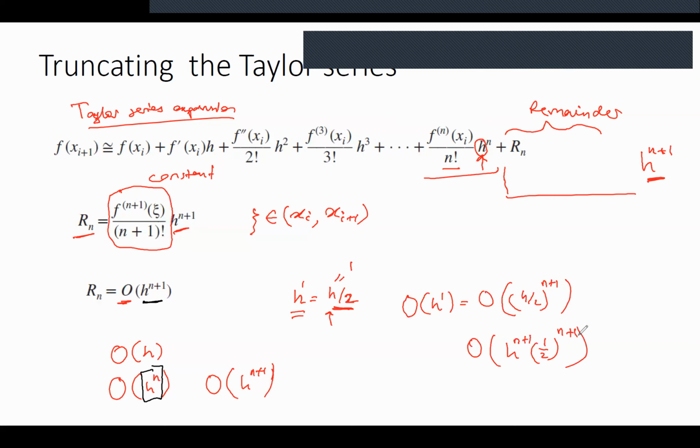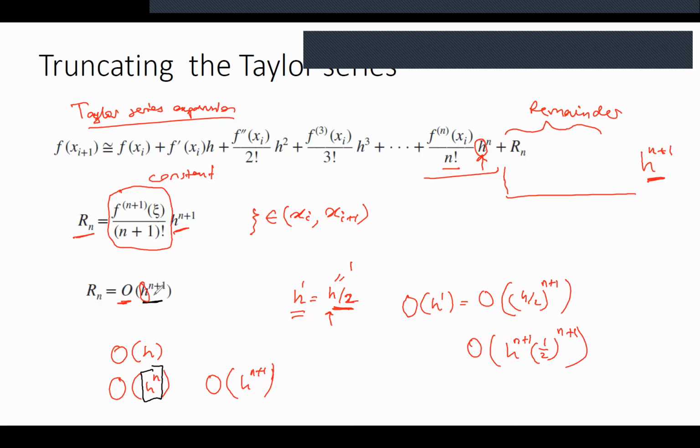Okay. So it's very important to choose h here to reduce the truncation error. When we decrease h, then the remainder term represents smaller values, so the truncation error will be lower.